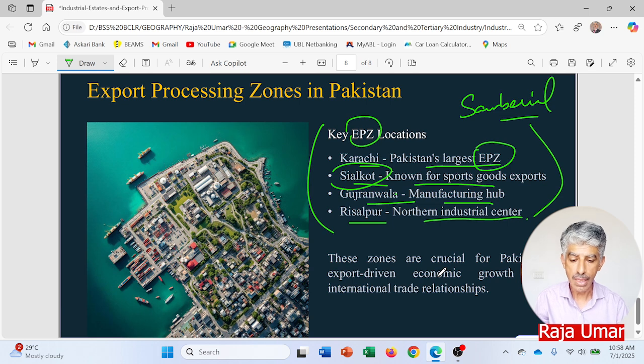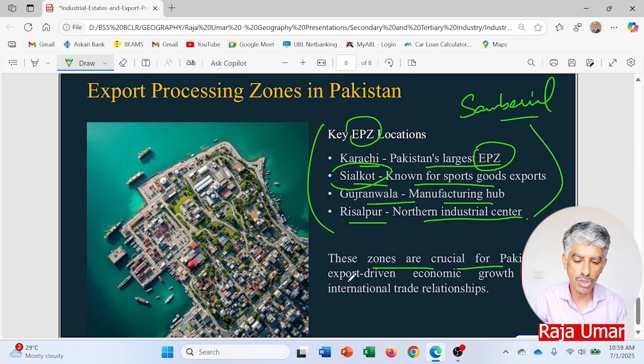Such export processing zones would be very effective for increasing exports, economic development, job opportunities, higher standards of living for the workers, and increasing the standardization of goods in Pakistan, and in the same way building up the positive industrial image of Pakistan, developing industrialization and getting rid of the debts Pakistan is incurring right now. So they all are the plus points of establishing these export processing zones.